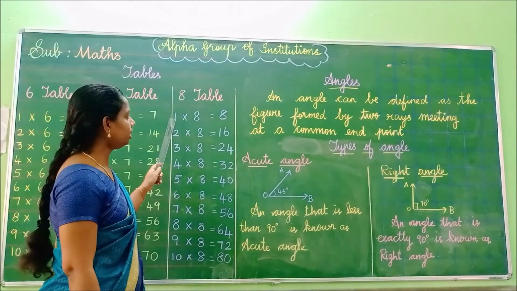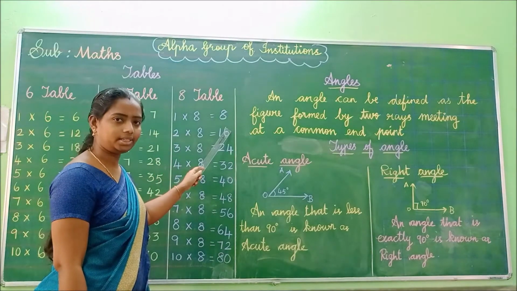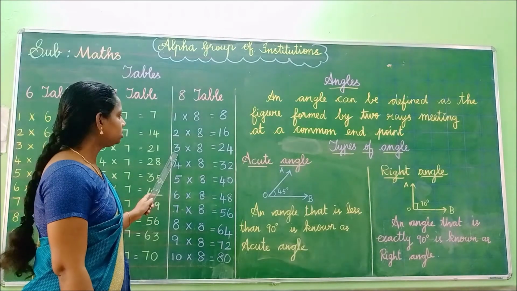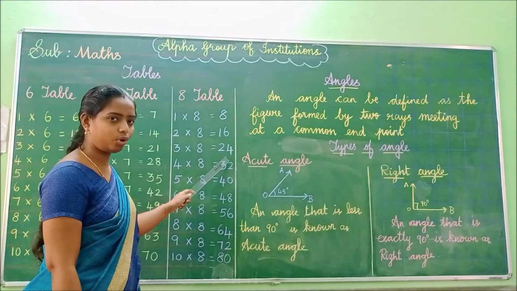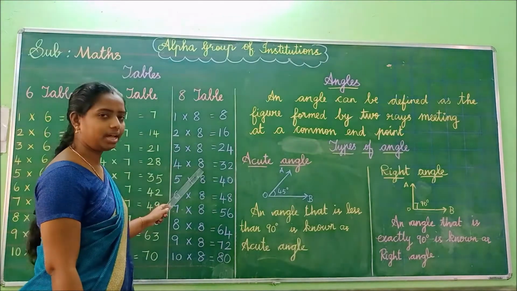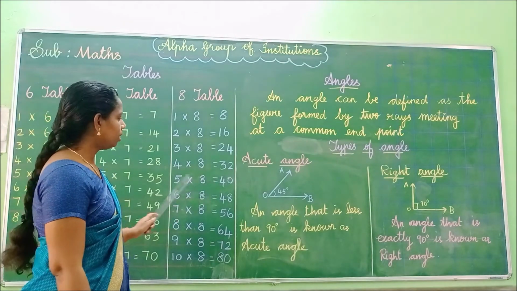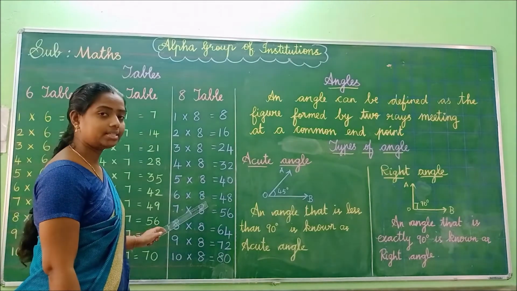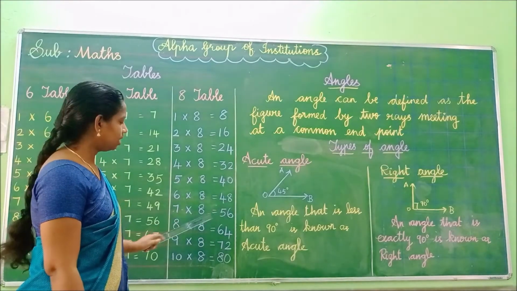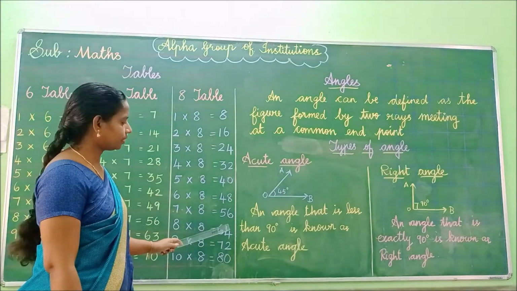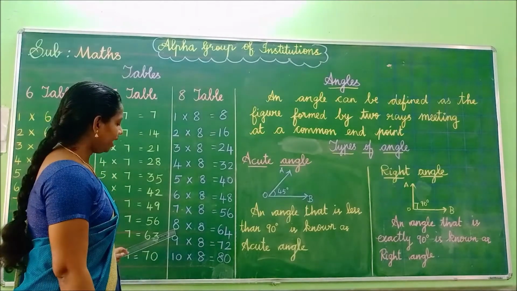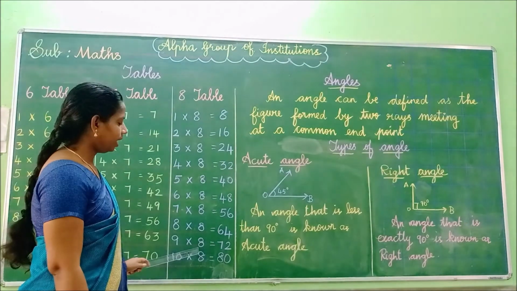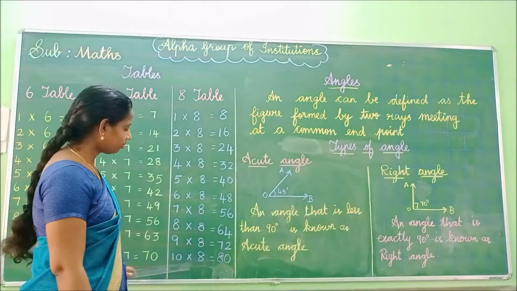See, listen carefully. 1 8 is 8. 2 8s are 16. 3 8s are 24. 4 8s are 32. 5 8s are 40. 6 8s are 48. 7 8s are 56. 8 8s are 64. 9 8s are 72. 10 8s are 80.